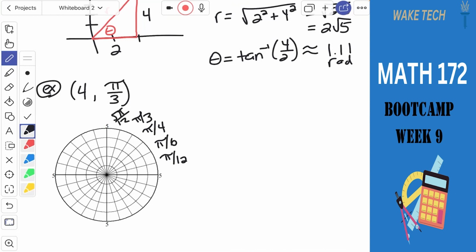Those are the 6 angles inside of quadrant 1. And so if we want to plot the point 4 with pi over 3, we'll go to the pi over 3 angle, identify that, and then travel from the origin 4 rings, or 4 circles, out from the center.